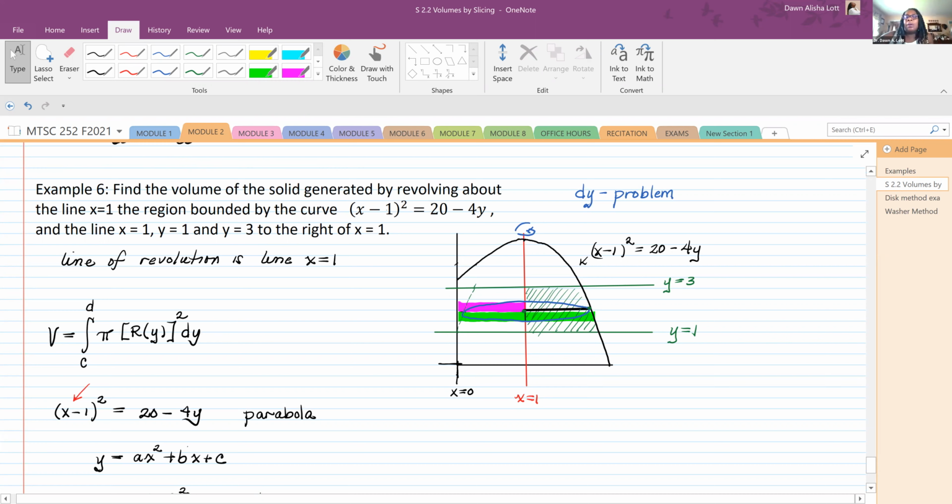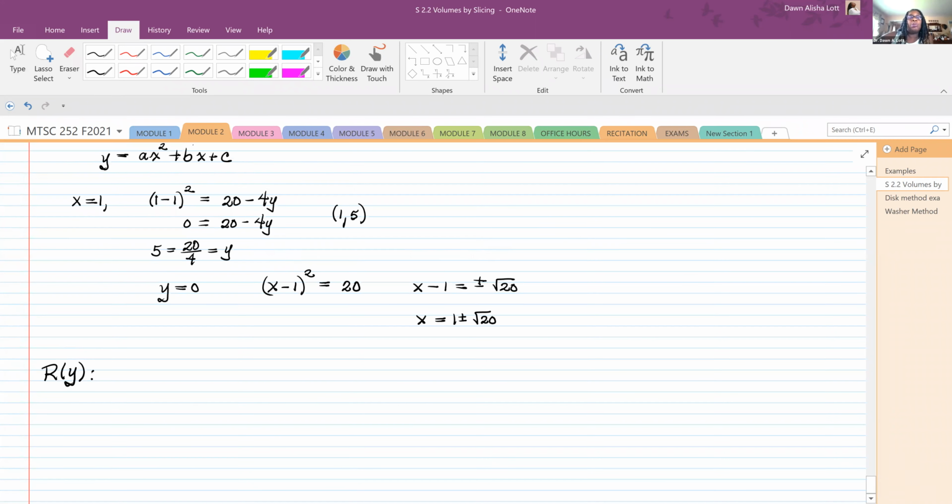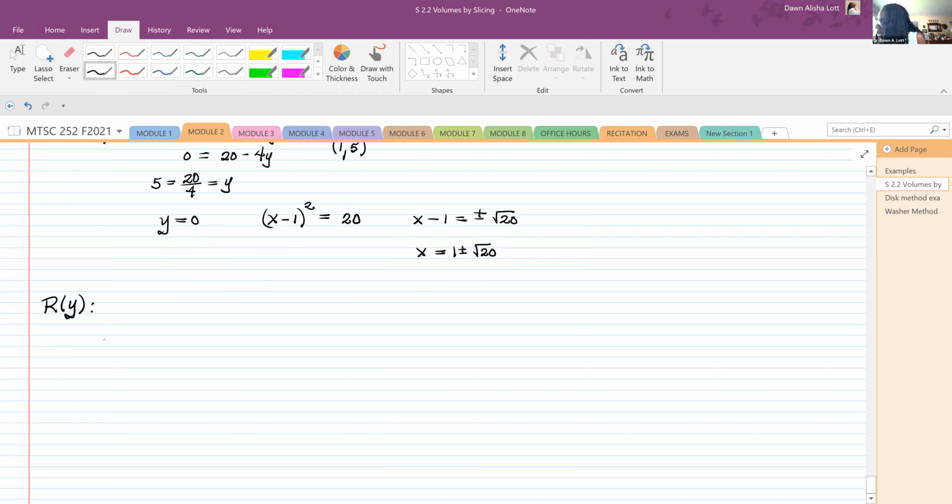So in terms of Y, I have (X minus 1) squared is equal to 20 minus 4Y. So now if I take the square root of it, I get X minus 1 is the square root of 20 minus 4Y. And if I add 1 to it, I get X is the square root of 20 minus 4Y plus 1.